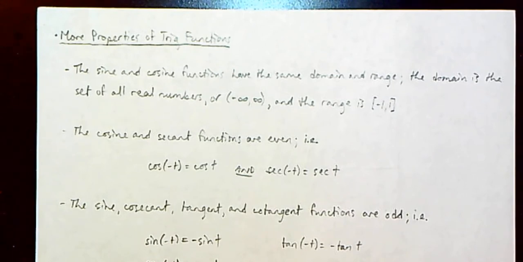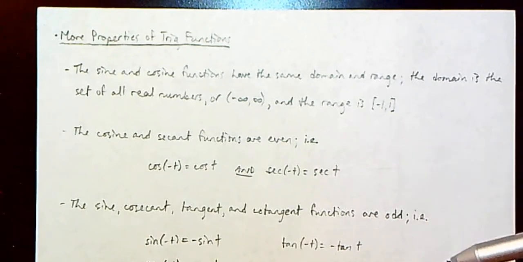And what values of theta make cosine of theta equal to 0? Well, that's all odd multiples of pi over 2. So pi over 2, 3 pi over 2, 5 pi over 2, 7 pi over 2, and then also minus pi over 2, minus 3 pi over 2, minus 5 pi over 2, things like that. And the range of the tangent function is all real numbers.